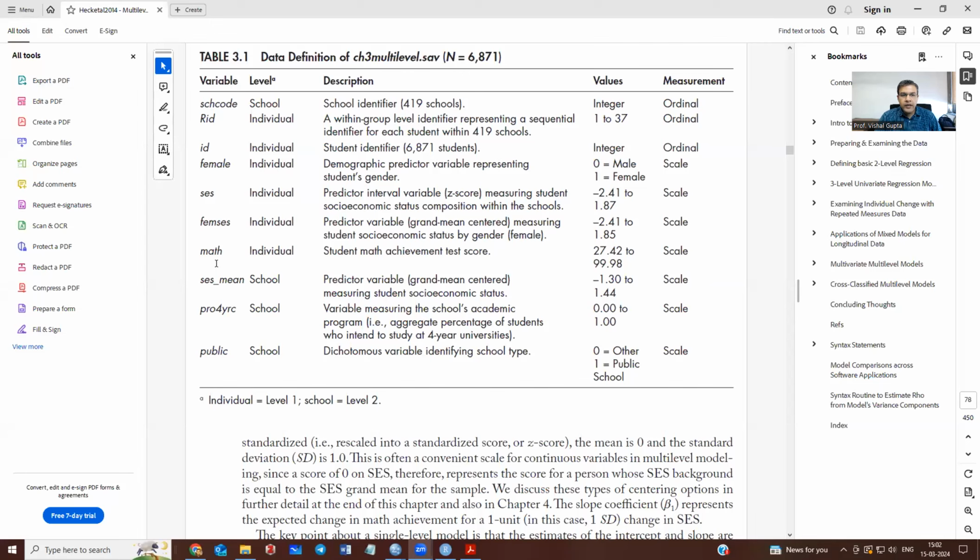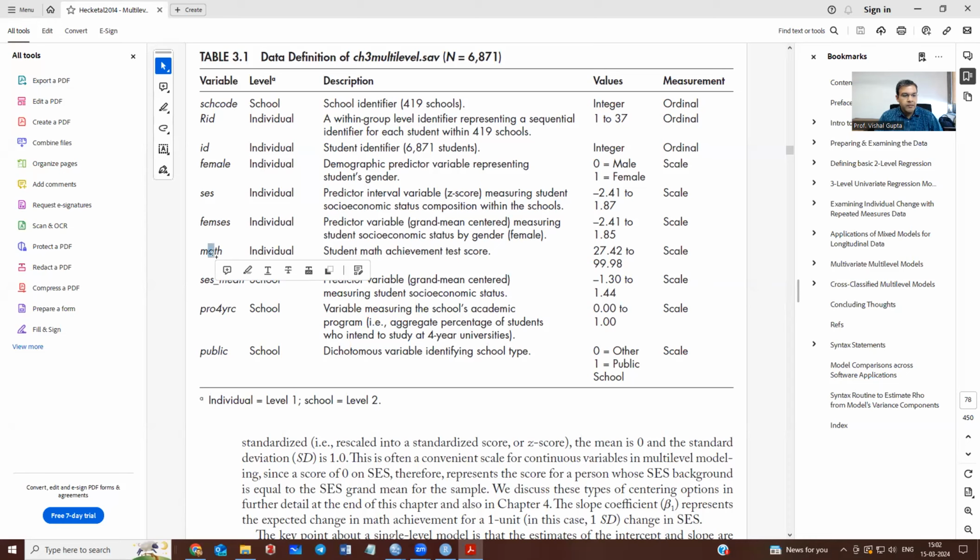So yesterday we were talking about the model, okay, where we were looking at the school data and we were doing multi-level analysis on the school data, where we were trying to understand. If I share my screen, we were looking at this data.